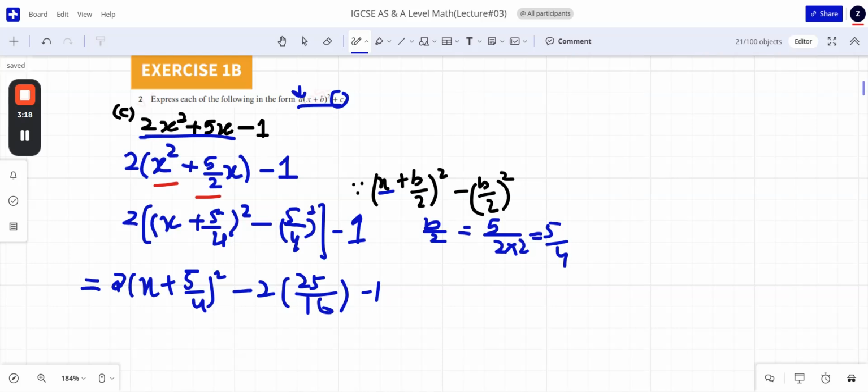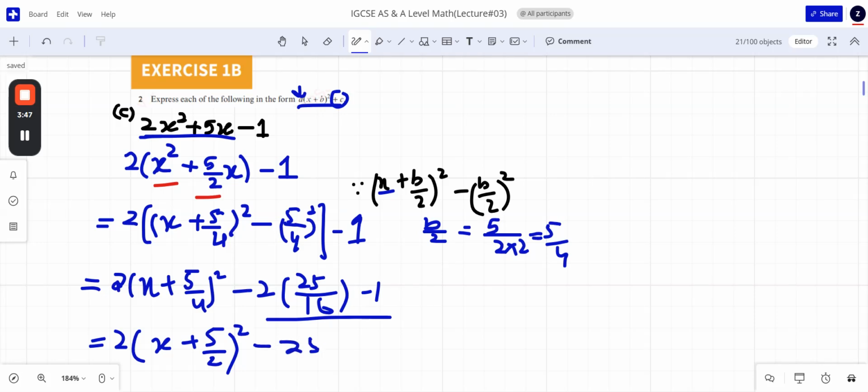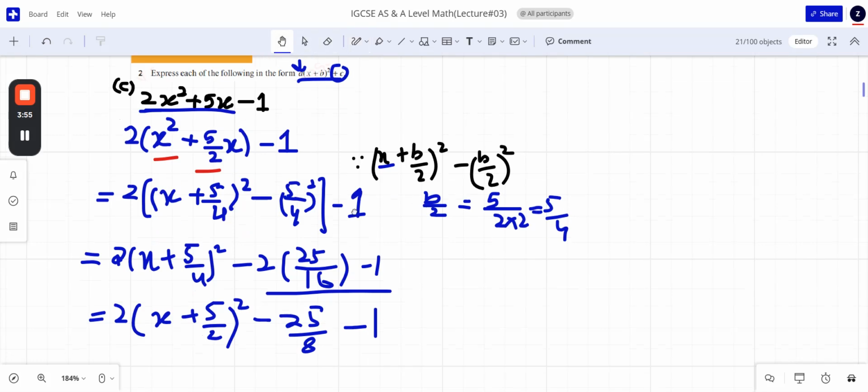Now again we got the first two terms like 2 into x plus b whole square, which is a into x plus b whole square, but we need the plus c. So here we will only simplify this part. Now the first part we will keep the same, 2 into x plus 5 by 4 whole square, then minus 25 divided by 8, because 2 will cancel with 16, so 2 times 8 is 16.